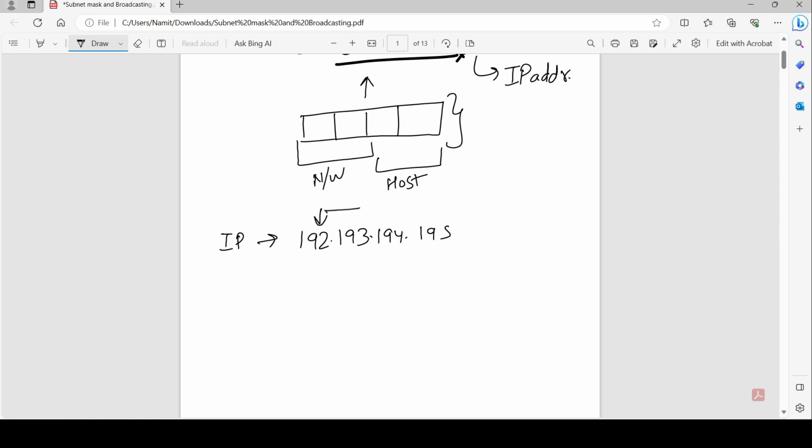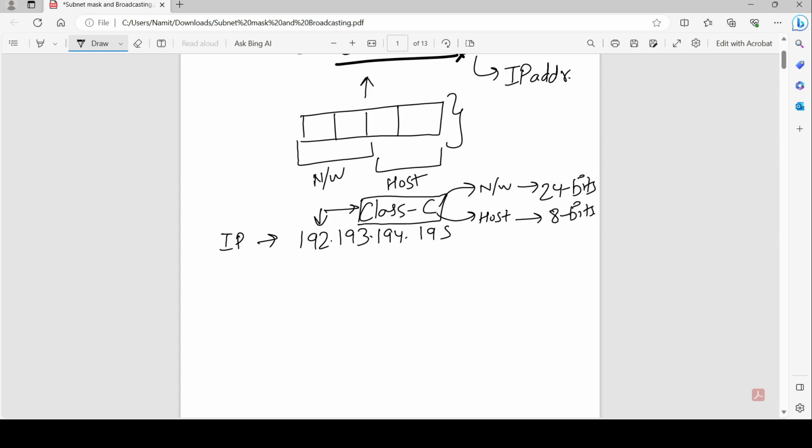This tells you about the class of an IP address, and the class is C. In class C, or in an IP address, there are 2 parts. The first one is network bits, the second one is host bits. For class C, the network bits are how many? Yes, 24 bits. Correct. And for host, obviously the remaining 8 bits.